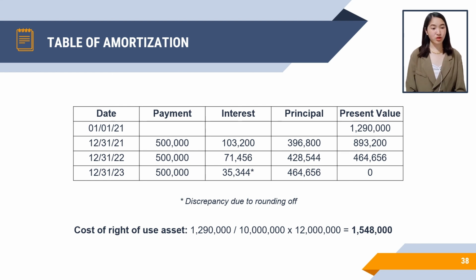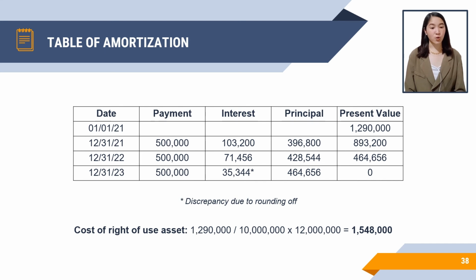So, 1,290,000 minus 396,800 is equals to 893,200 na magiging present value naman niya ng December 31, 2021. And the same computation goes sa mga susunod na period until we arrive at 0. Then, next is we compute for the cost of right of use asset.